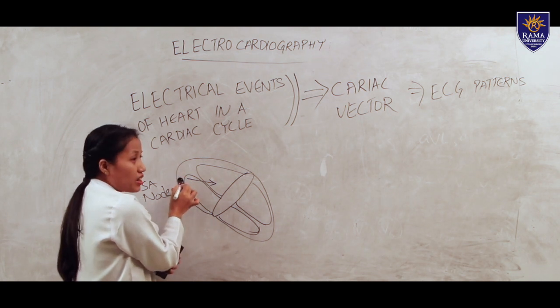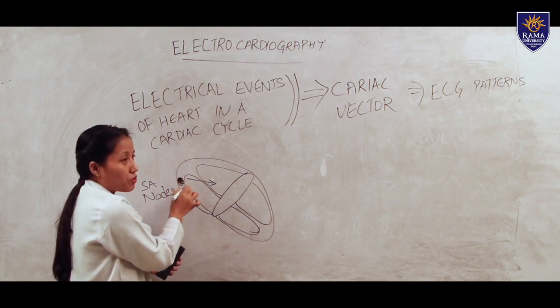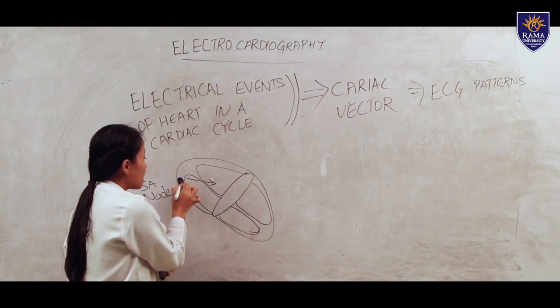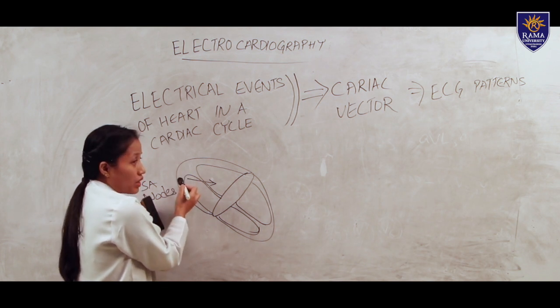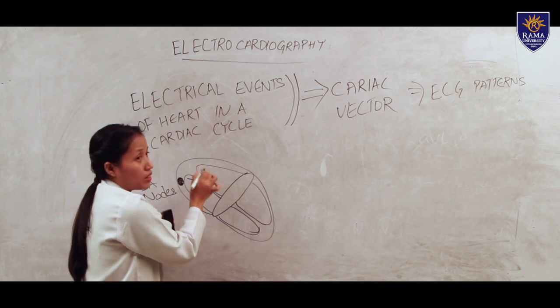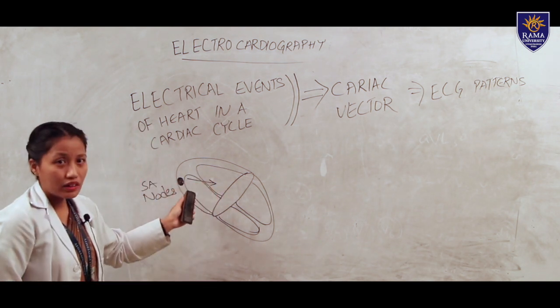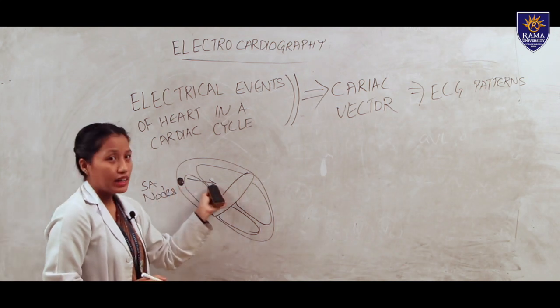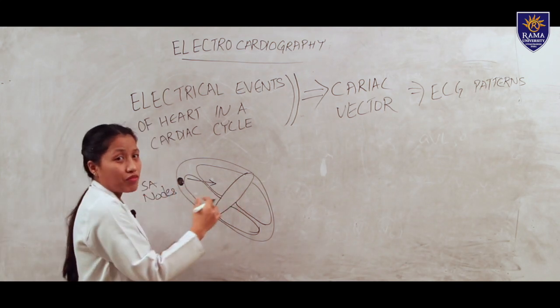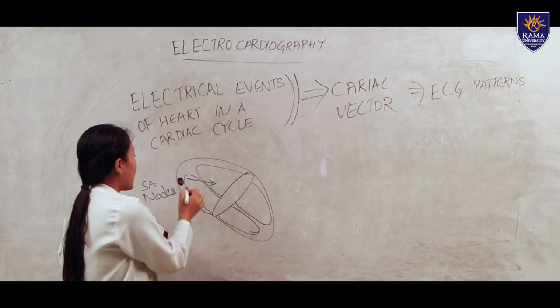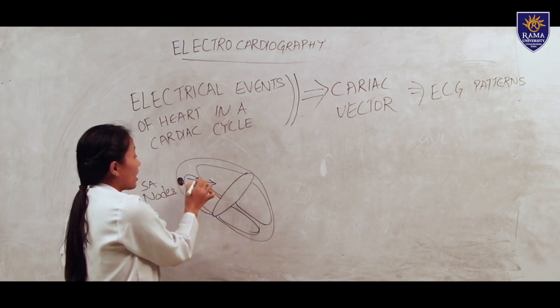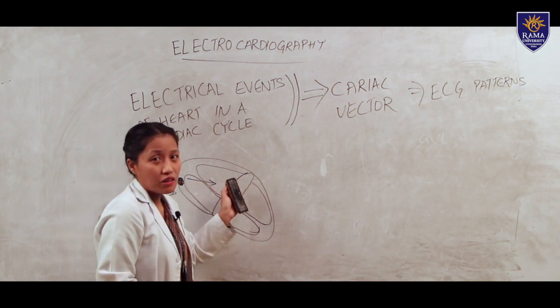The electrical activity starts from the SA node and moves in the downward and leftward vector. This is a small vector moving downward and leftward with moderate velocity, and this depolarization of the atria is known as atrial depolarization.